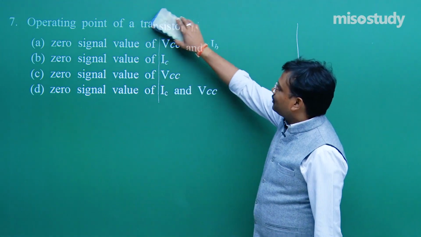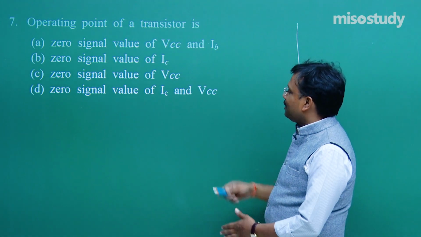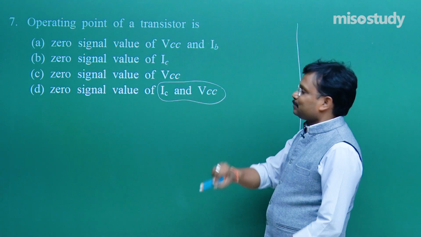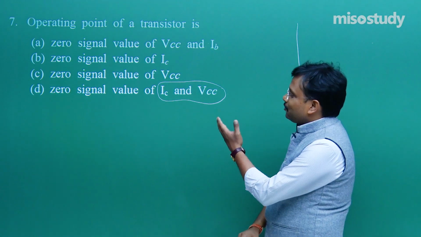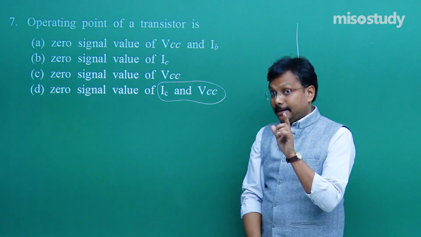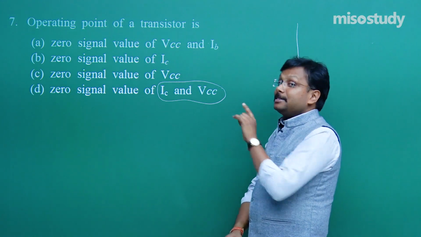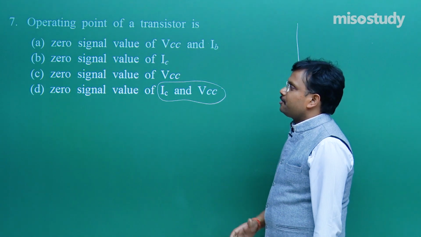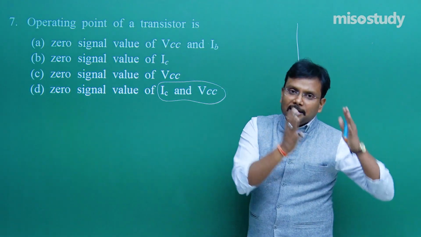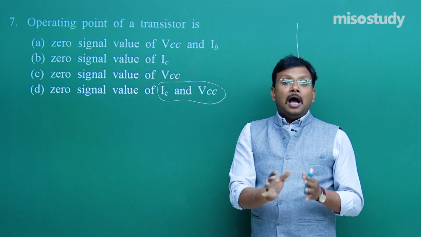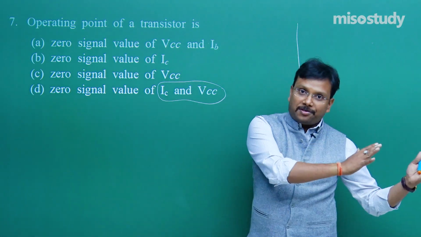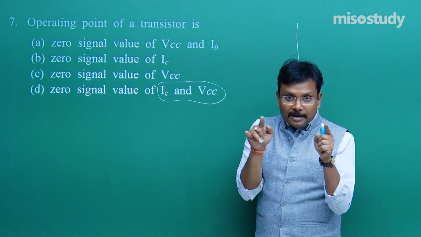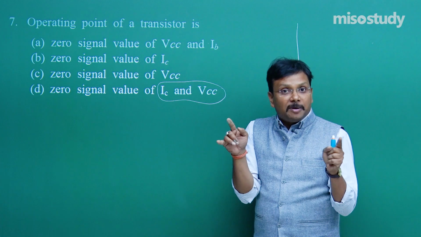So now the option over here saying that only we are correct. Fine. Zero signal value of IC, collector current, and voltage, that is collector to emitter. So these types of questions are in the examination paper just to check how focused you were during your preparation. Did you observe each and every important segment of the explanation?